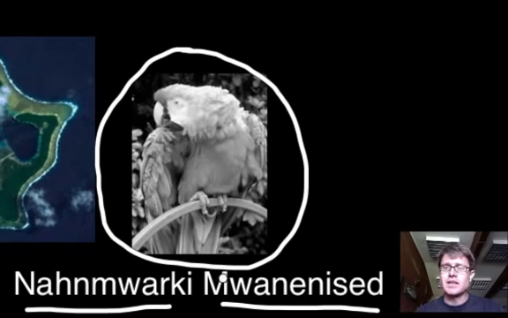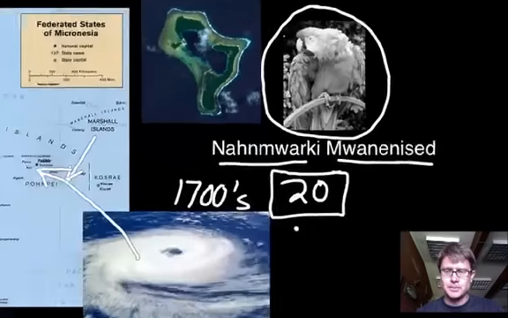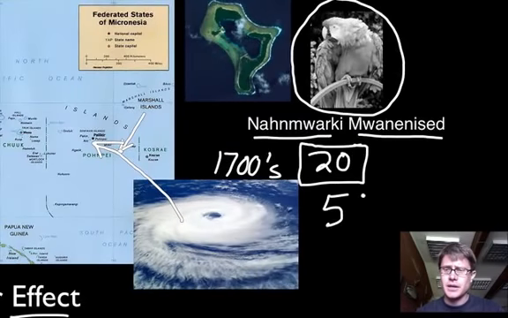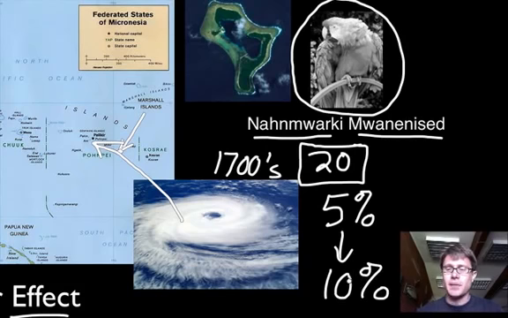But since this was the founding population, very quickly 5% of the people, and now I think the number's up to around 10% of the people on Pingelap, have complete colorblindness, and that's due to just the random chance in that founding population. Now, the number is going higher than it was originally, and that suggests that there's inbreeding as well. If this is the leader of that population, there could have been quite a bit of inbreeding. That's an example of a founder effect.